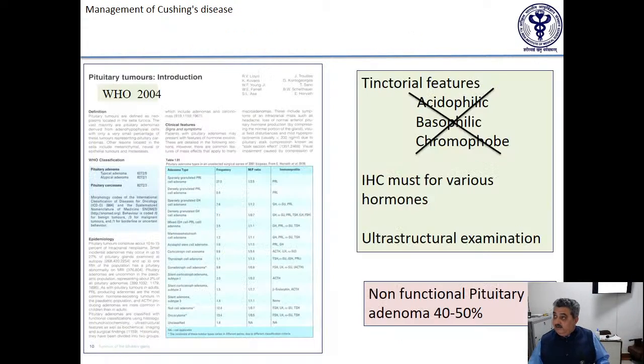And in 2004, they discarded these terms, acidophilic and basophilic, because they don't correspond to the functioning status. But they made immunohistochemistry a must for the various hormones, along with ultrastructural examination. Based on this classification, about 40 to 50% of pituitary adenomas were non-functional, which is not true today. They are less than 5%.